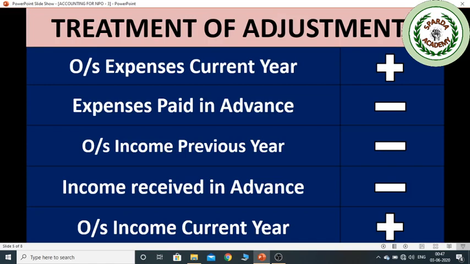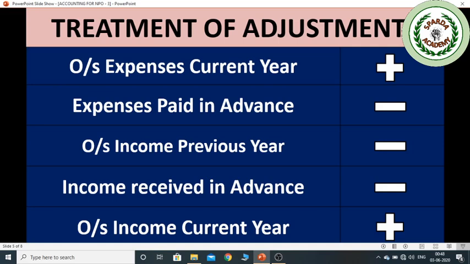Then treatment of adjustments. In the adjustments there will be two things about expenses or incomes. In expenses there will be two types: outstanding expenses and expenses paid in advance. Outstanding expenses of current year must be added, like salary outstanding for this year must be added.